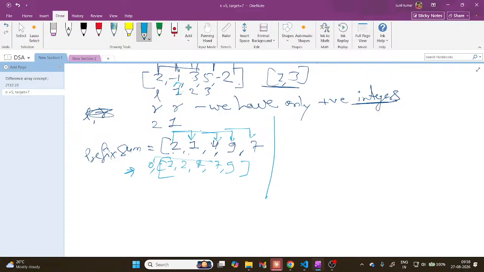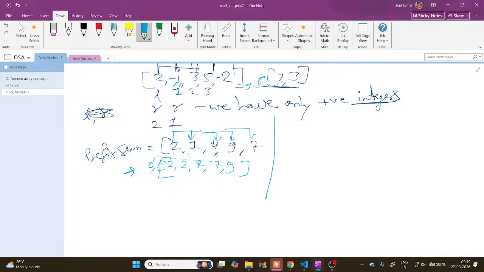Okay, let's say if it was 5, then how many of them? No, till 5. So 5 to 7 minus 2, 3 here, right? No, no, sub-arrays must be continuous, right?